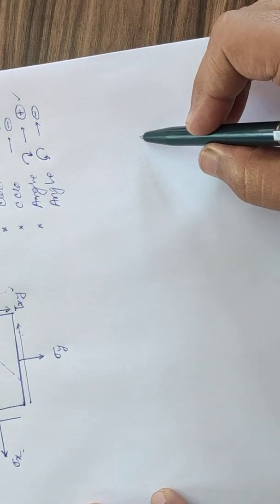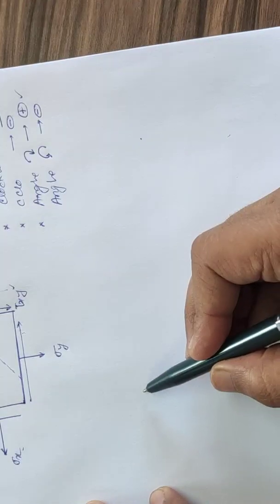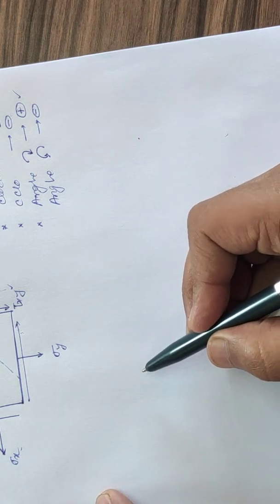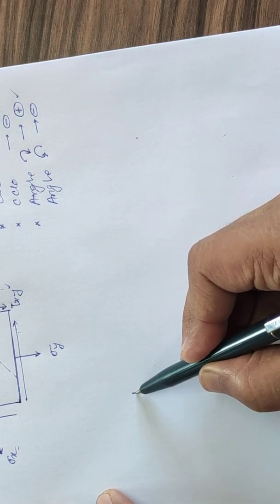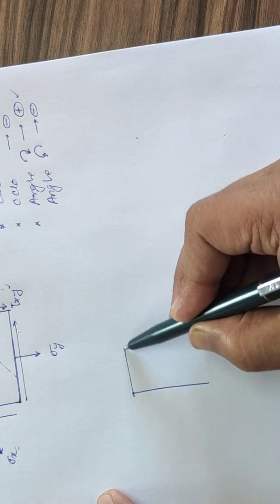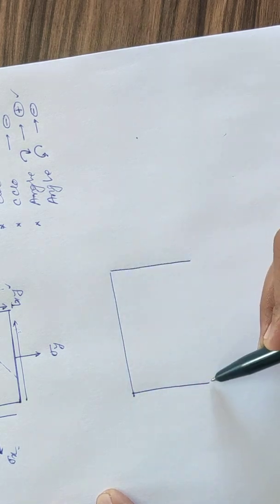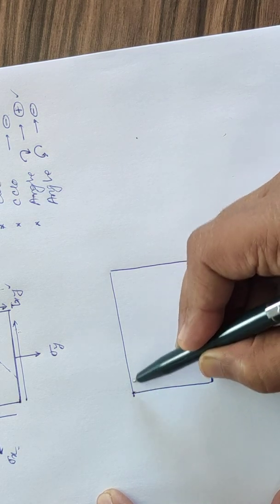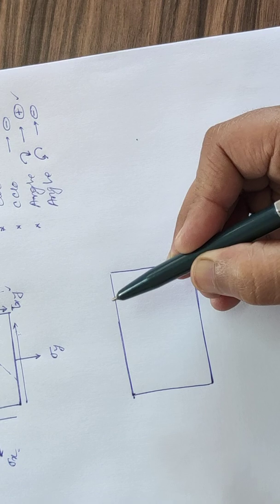on which the topic is very important, and a major part of the questions in competitive examinations come from it. So let's say we have a member which is subjected to combined stresses.